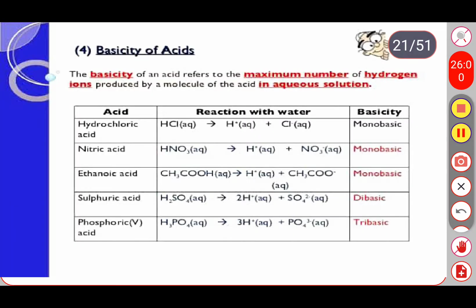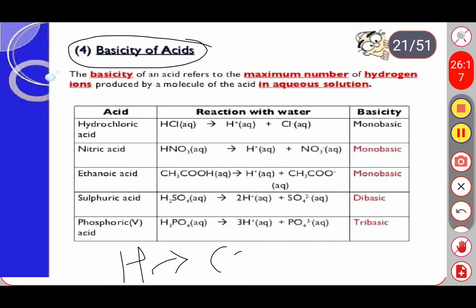The next important concept is basicity of acids. In simple words, we can define basicity of an acid as the number of hydrogen ions present in the acidic compound.